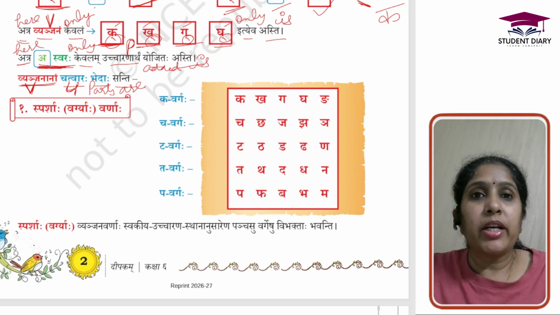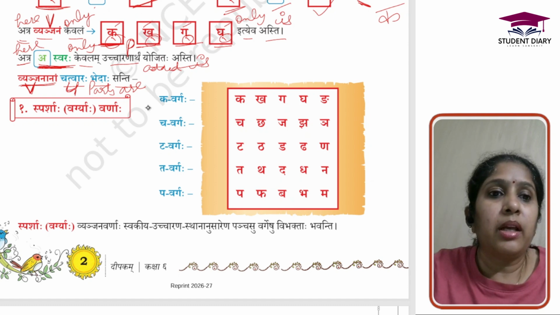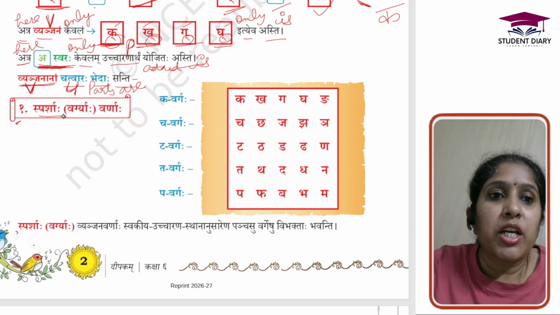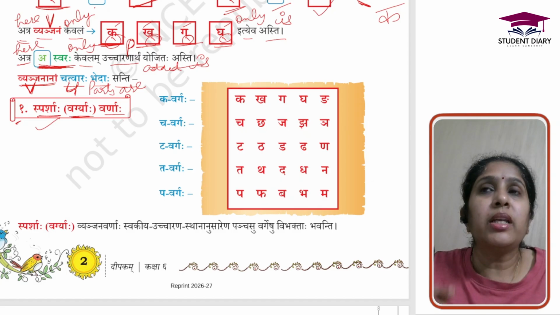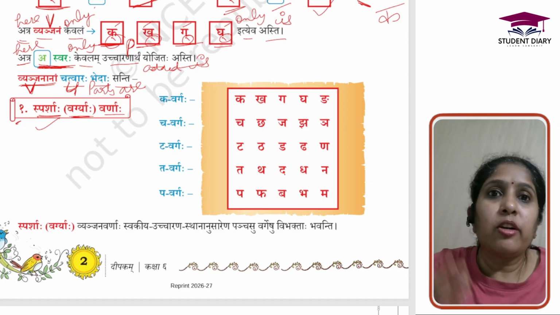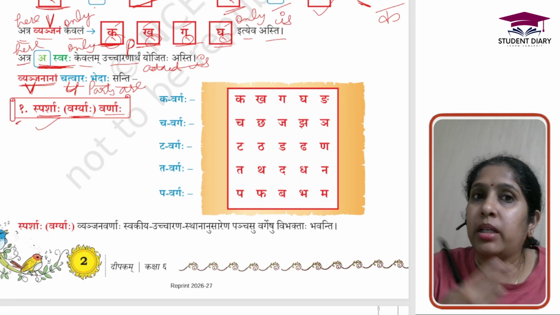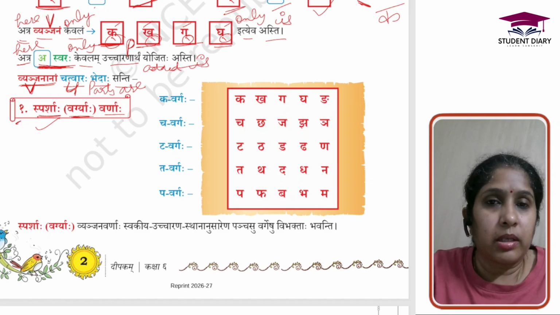Okay. So how many types are there total? Four types. Correct? Now first one is Sparshaha Varnaha or Vargyaha Varnaha. So Sparshaha means touching. So when any part of your mouth, like maybe it's tongue, or maybe it is the throat, or it is like the teeth, or maybe the lips, right?